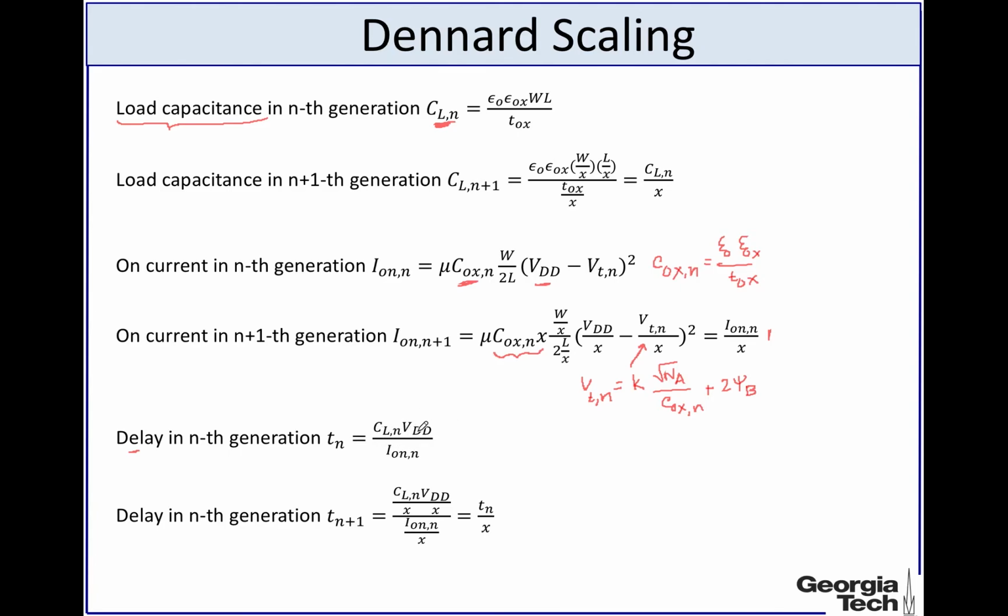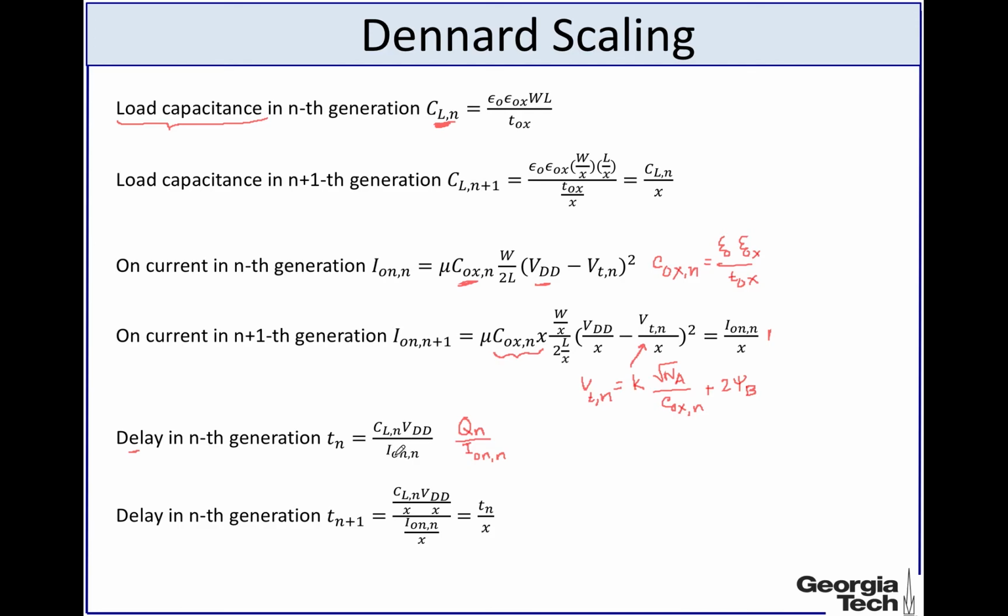So CLVDD is basically just the amount of charge that the capacitor has, and the time it takes for the capacitor to get an amount of charge of Qn is simply the total amount of charge divided by the current that flows through, and as a result CLVDD over Ion gives an estimate of the delay of the device.